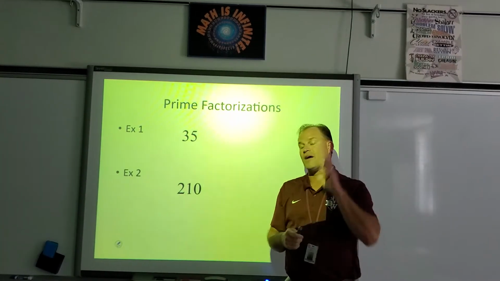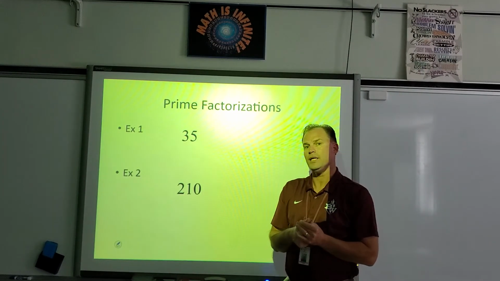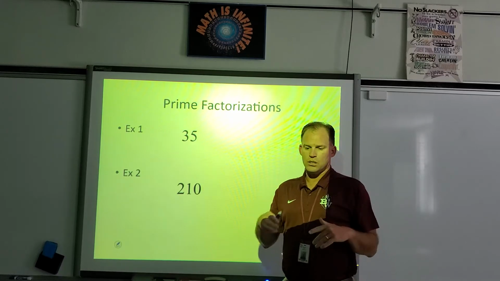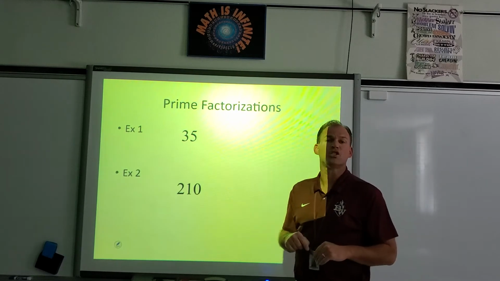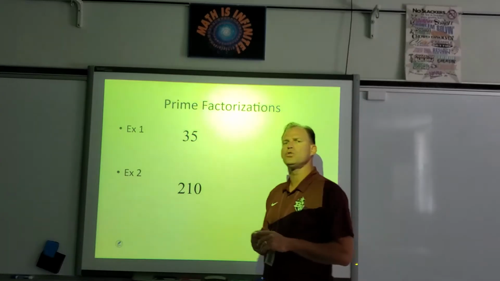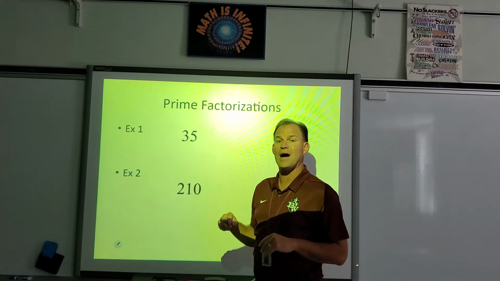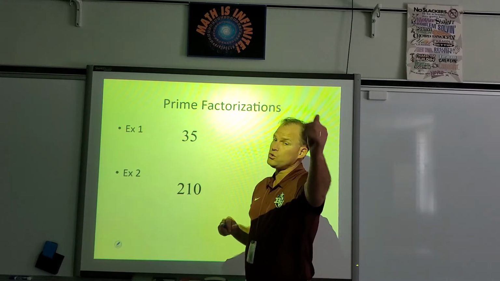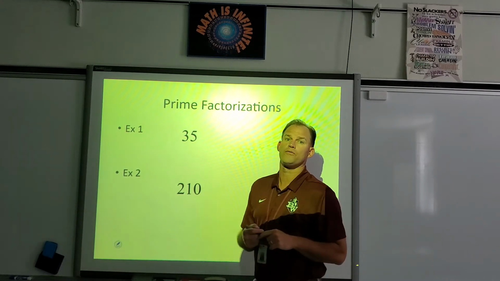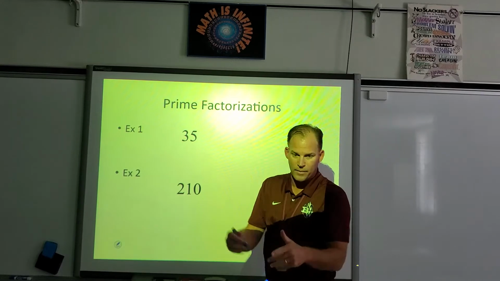What goes into 35? Now, you may not know off the top of your head, but you have a calculator there. You can guess and check. But there are some numbers that you should be able to guess pretty quickly. For example, anything that ends in 5, you should know 5 goes into all of those numbers. So I just need to think, or I grab a calculator.